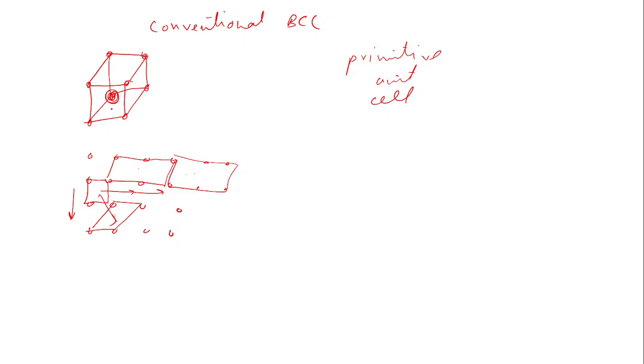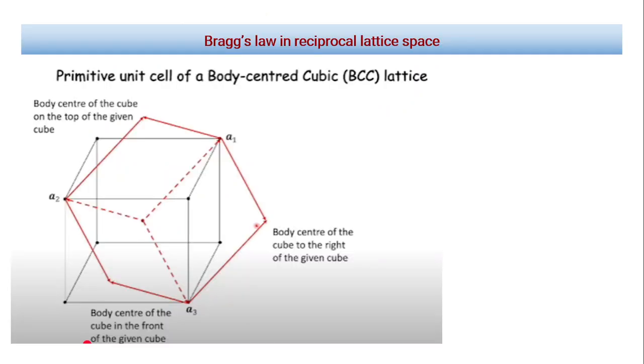So in this BCC, I have a diagram already made so that I don't make not-so-straight lines. The black lines, these edges, are the BCC conventional unit cell. How? Because all the corner atoms, you see black dots, they are the atoms, and one atom is at the body center. Now this is A1, A2, A3.